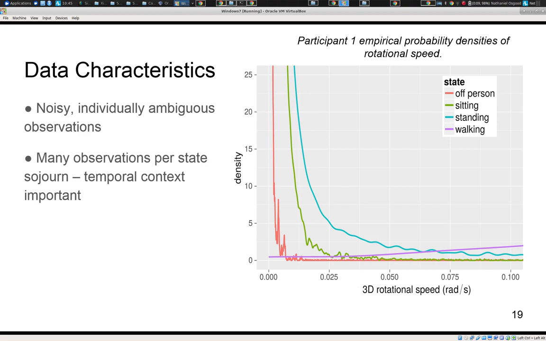Not clear from any one data point. Maybe I'm just really still standing here. Or maybe I'm sitting. Or maybe I'm sitting and swiveling the chair and it's not clear if I'm getting up and walking or swiveling the chair, right?